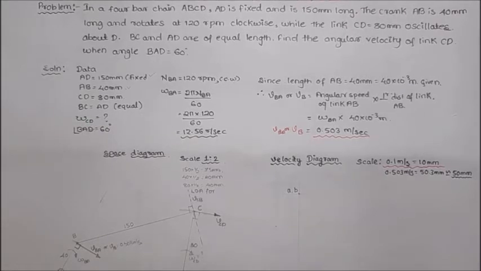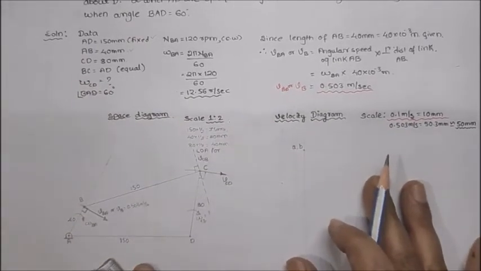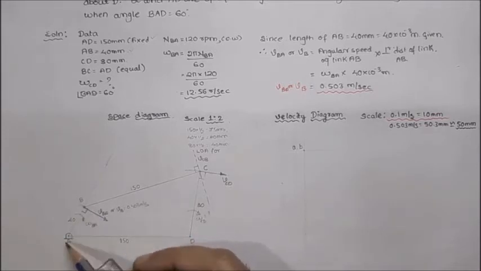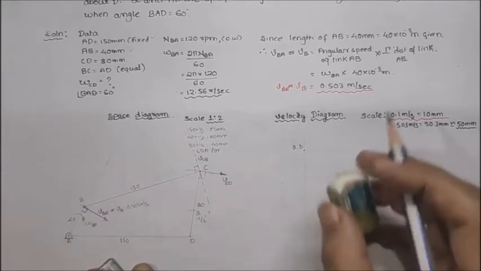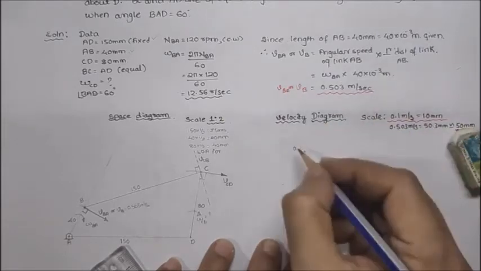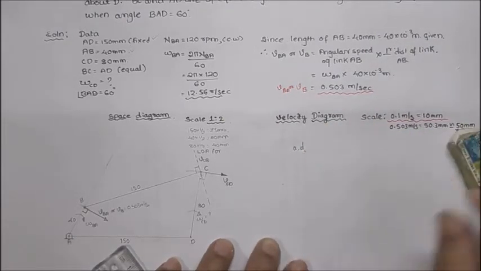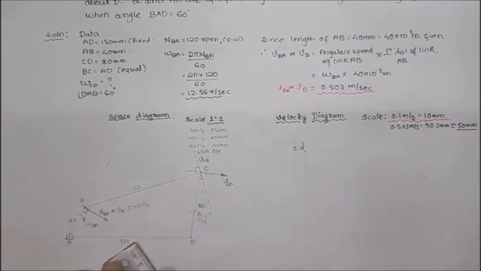Now for a velocity diagram, we need to have a direction as well as magnitude. So out of these, which one are we having? At point A, with respect to D, sorry, it should be D, not B, we have magnitude and direction.